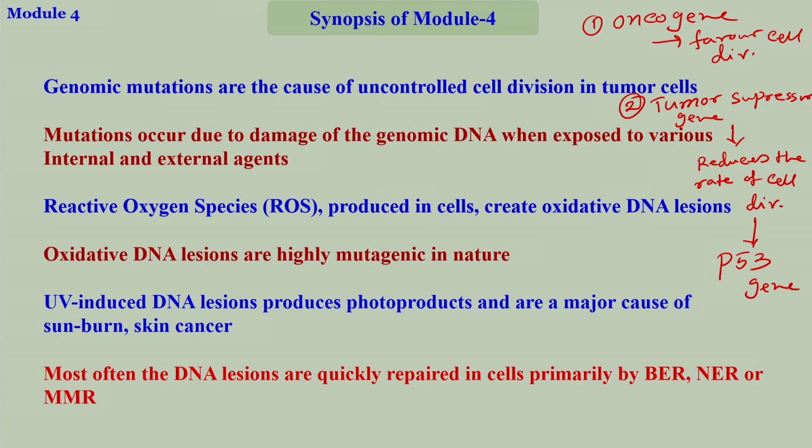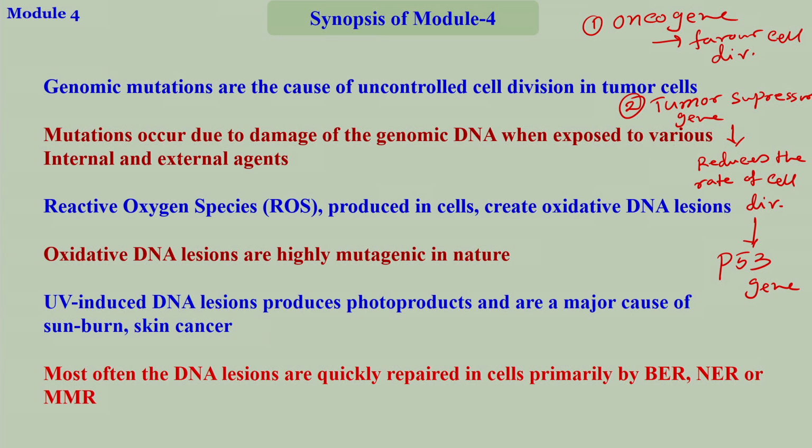So, if the tumor suppressor gene is mutated, it cannot stop the cell division, or it cannot control the speed of the cell division. In that case, what will happen? The oncogene will function only and your cell divisions will be more and more. That is where the uncontrolled cell division happens. That is what happens in the tumor cells. So, genomic mutations are the cause of uncontrolled cell division in tumor cells.